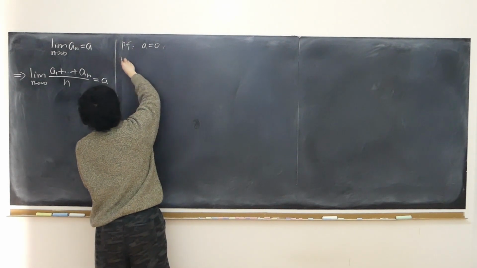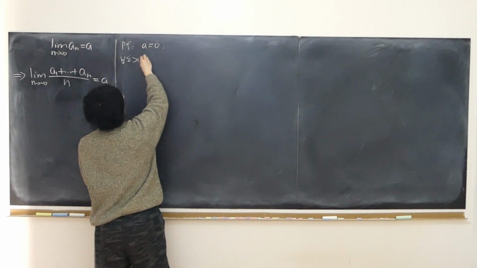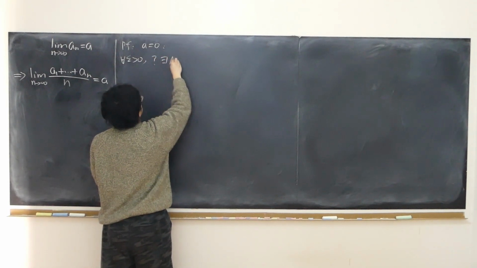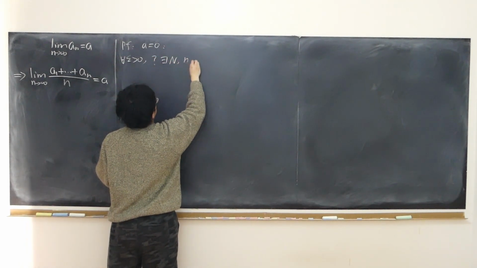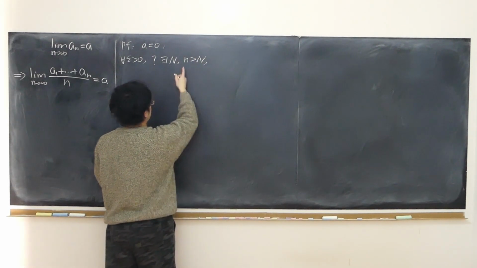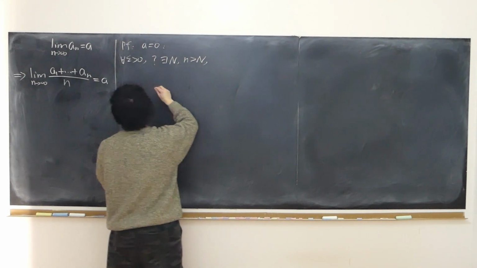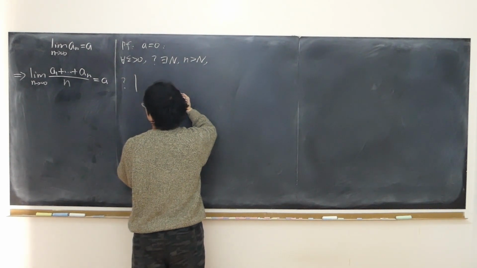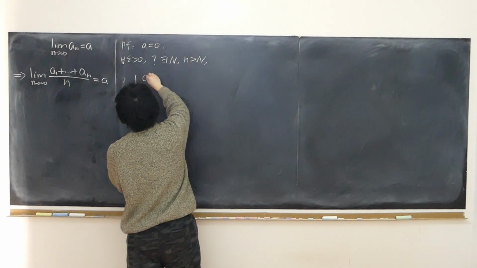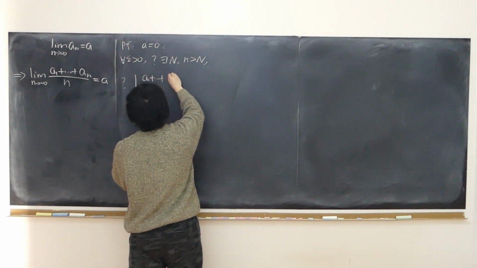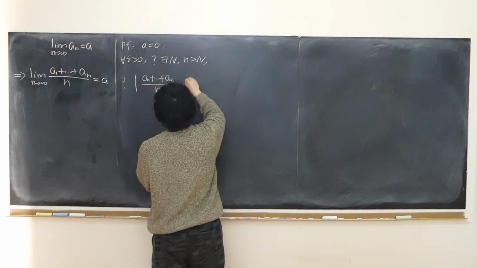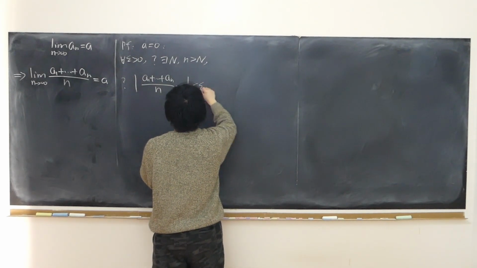So, given epsilon that's positive, can I find a capital N so that when little n is large enough, I can show the following inequality? The absolute value of my desired sequence and 0 can be small enough.